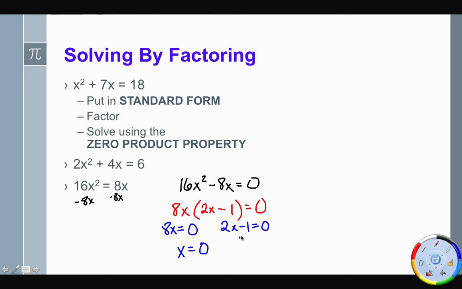Here, if I add 1, I get 2x is equal to 1. And if I divide by 2, I get x equals 1/2. And there's our two answers. And remember, x equals 0 is a legitimate answer. It's not that there's nothing, but it's the actual number 0.